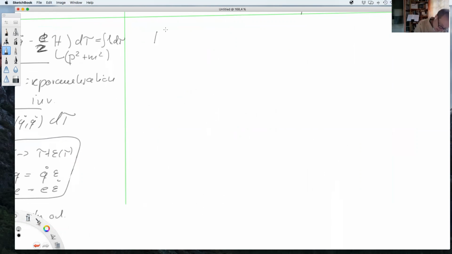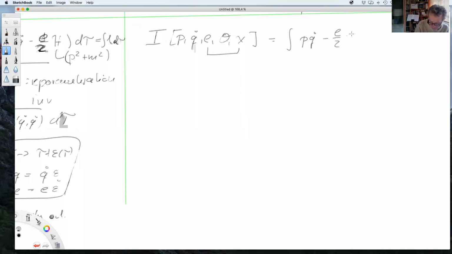Let me take a slightly more interesting case. I will take this formulation, and then I will also add some theta, which are worldline fermions, and a superpartner for the E. Then the action will look something like before, P Q dot minus E over 2 P squared plus M squared. But then there will be extra terms.